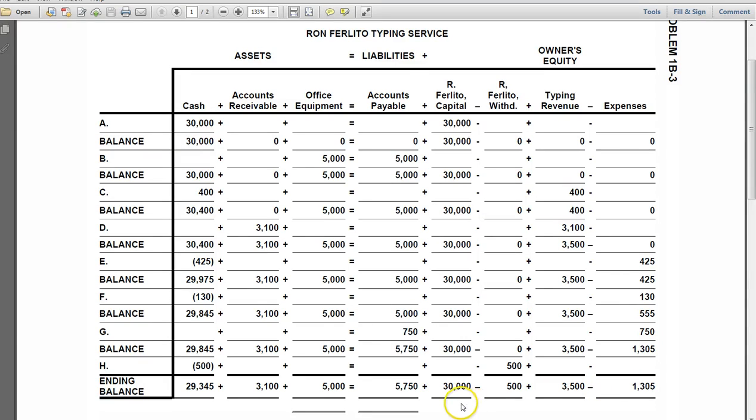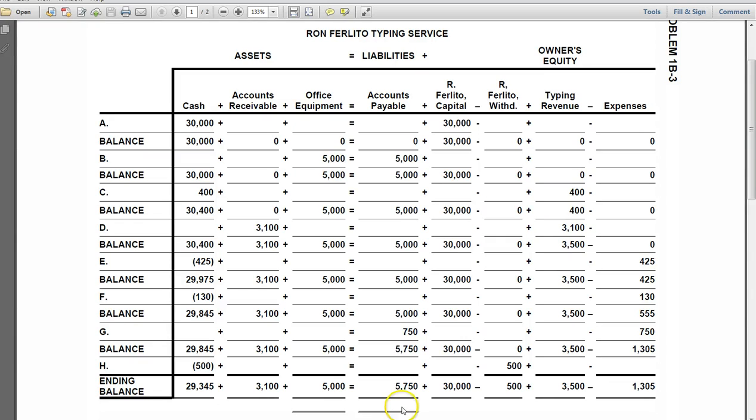You do that in your calculator. You can pause this video and you'll see that 30 minus 5 plus 35 minus 1305 will equal the same 37,445. So you'd have a balancing equation.